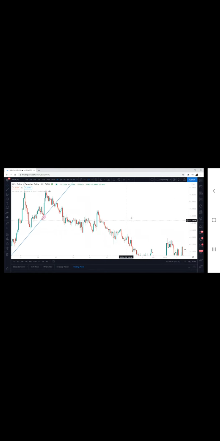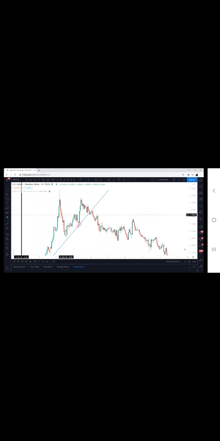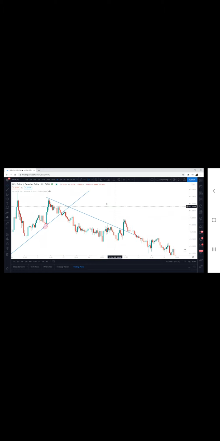So let's go through the market here. All right, now we have a trend line here. Okay, I use the wicks when drawing my trends. Okay, some people do not, but I do.